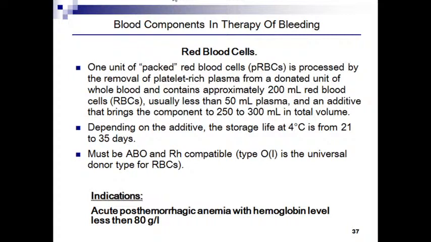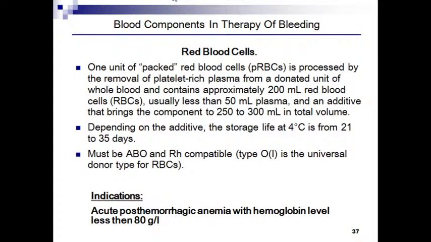In the bottle, in addition to the 200 ml of erythrocytes, we can put less than 50 milliliters of plasma. 50 ml remains in the bottle with erythrocytes, and an additive, it means preservative or stabilizer, that brings the total volume from 250 to 300 ml.